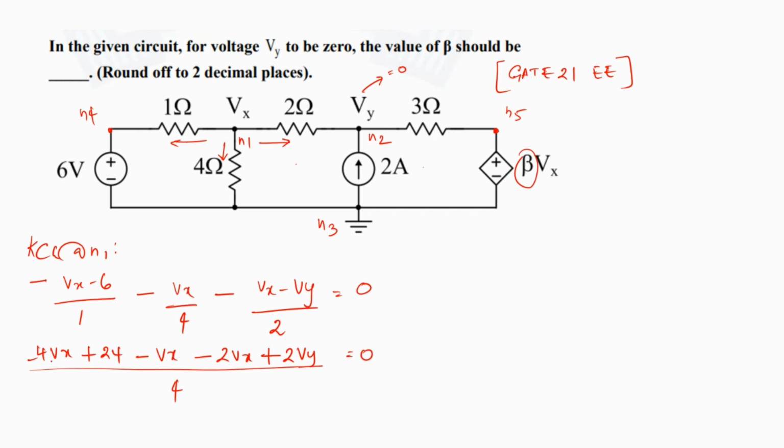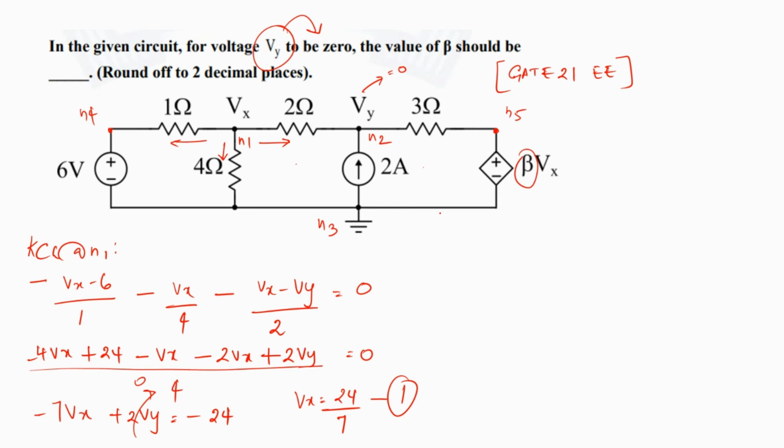So this turns out to be minus 7Vx plus 2Vy is equal to minus 24. Now the question says that we need to compute the value of beta such that Vy is equal to 0. So if I consider Vy to be 0, then what is Vx? So Vx turns out to be 24 by 7.